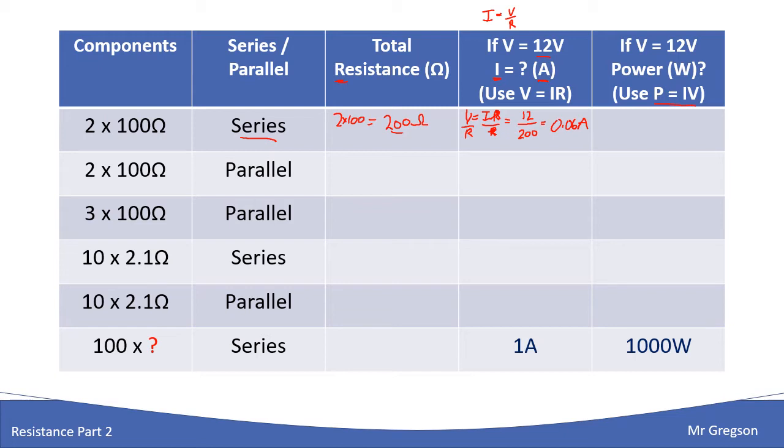So power equals current, which is I, times voltage, which is V. Our current, which we just worked out in the box next to it, is 0.06, and our voltage is 12, which means our power is 0.06 times 12. My calculator came out at 0.72, and it's in watts.